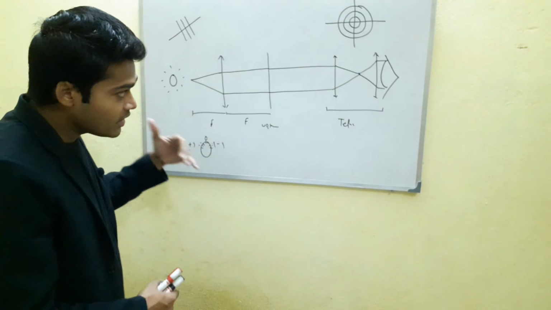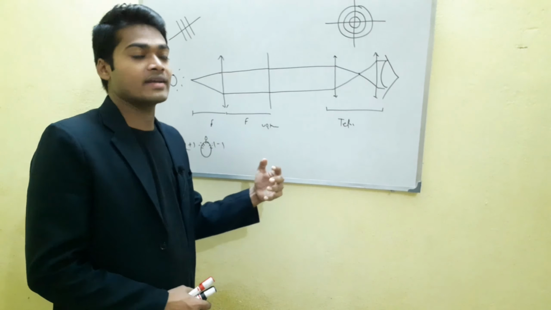Now how do they actually look? Here, in between these two focal points, exactly the same, the reticle is situated in that part. So this is a gross idea of the lensometer.